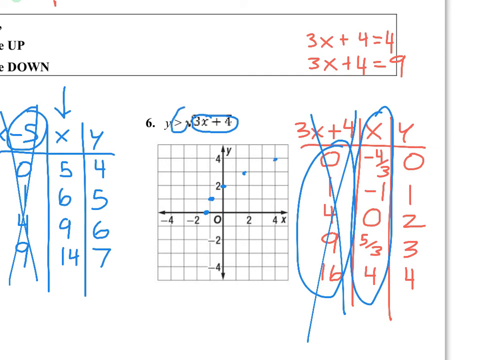Alright, the symbol on this one is greater than, so I want to make a dashed curve. And I want to shade above for this one. So make sure you don't go too far to the left, because if you go too far to the left, then you're hitting x values that you're not allowed to plug in.